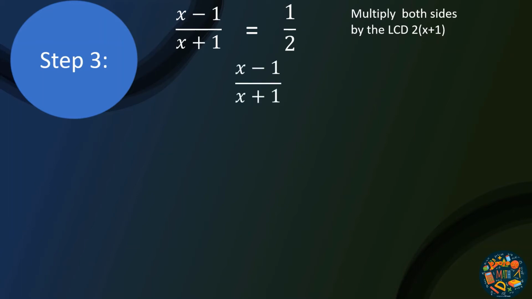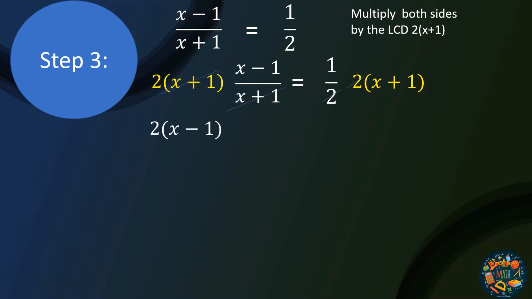When we multiply, x plus 1 will be cancelled out and 2 will be cancelled out. The remaining terms are 2 times x minus 1 equals x plus 1.